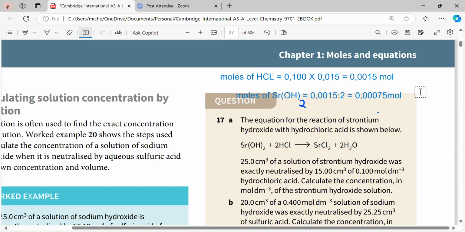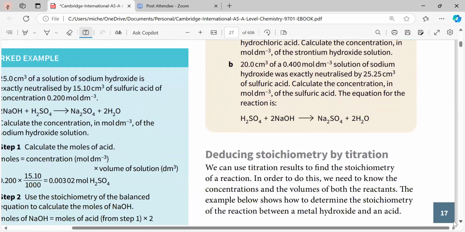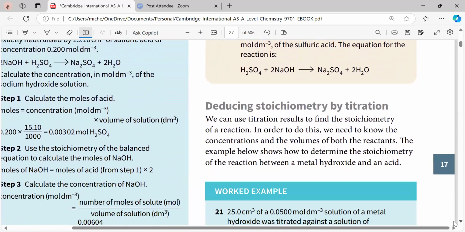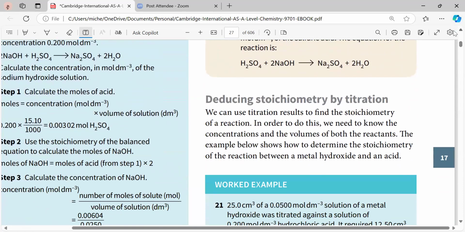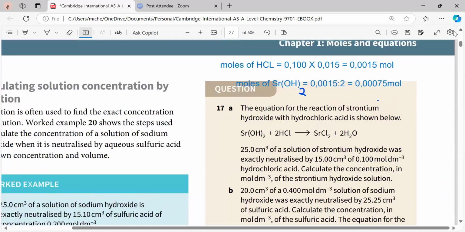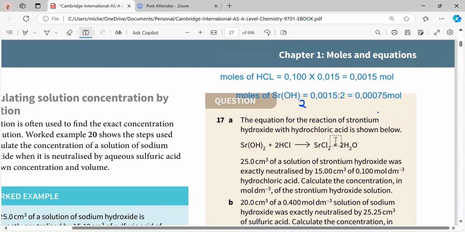So now we're trying to calculate the concentration. But my step is going to be one step more right here. Just to avoid confusion, we need to find the volume first of strontium hydroxide, which is 25 right here. So 25, we're going to divide that by 1,000.